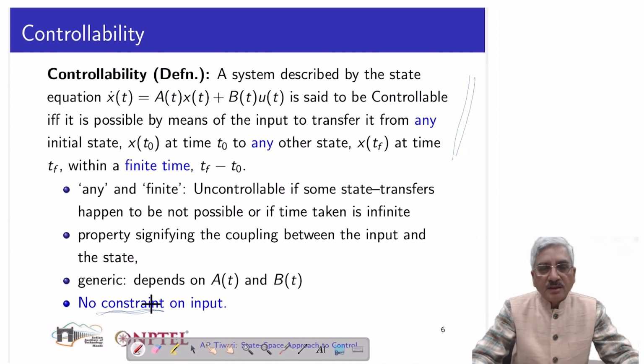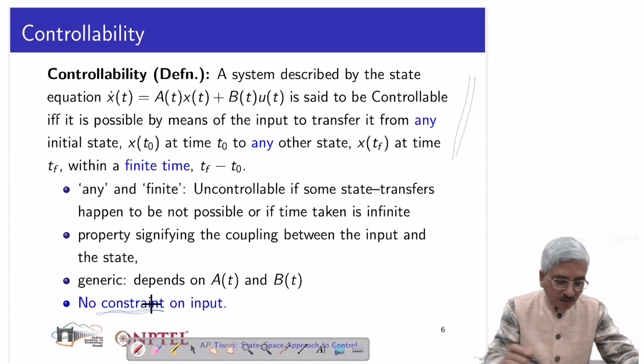There is no constraint on input. Even though in real physical situations the magnitude of the input has to be limited, for example, the voltage may have to be limited by 5 volt or 12 volt. It has to be within plus minus 5. It may not vary so fast.